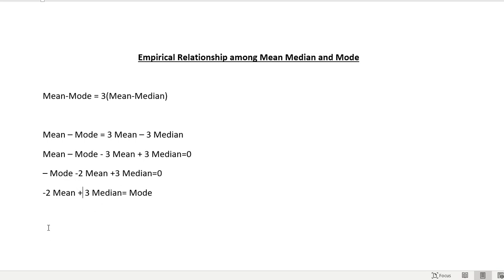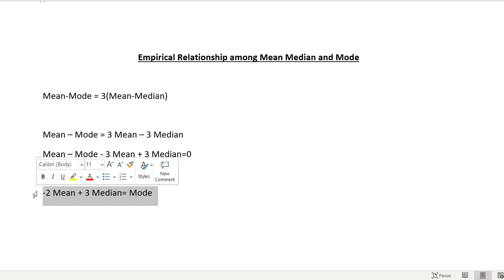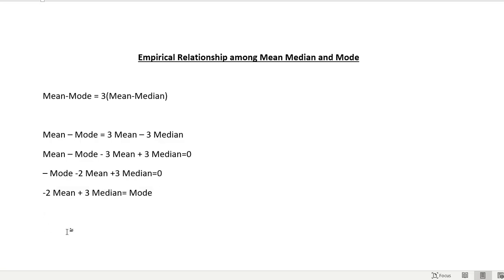Finally I can write it in this fashion: Control C and Control V. Now this mode is equal to what? 3 median minus 2 mean. Furthermore, I can write it like this.